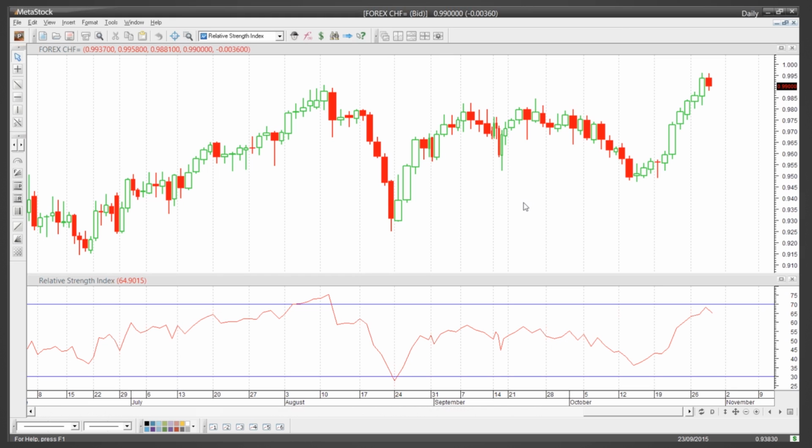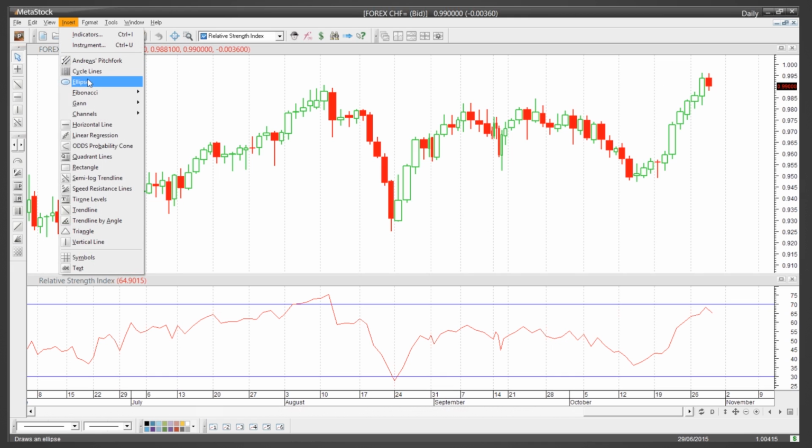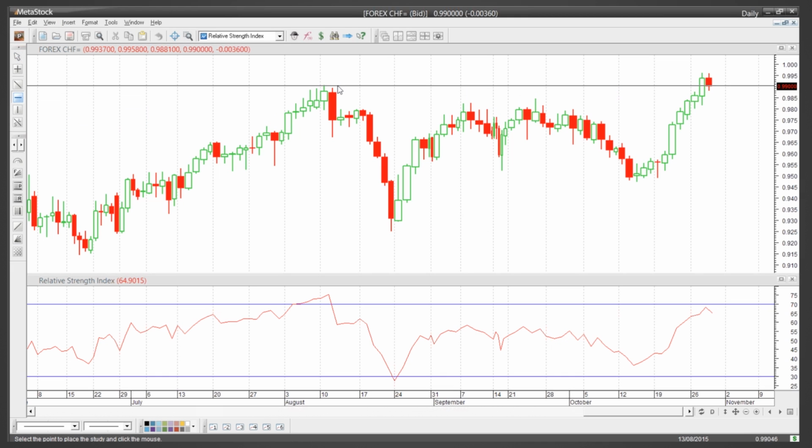Now, as we see price moving higher, rather, I'm looking at the wrong chart. As we see price move up into highs, we can see that we register this overbought reading. And then as we've just recently made new highs, we've pushed higher here and made a new high. So I'll mark that up.